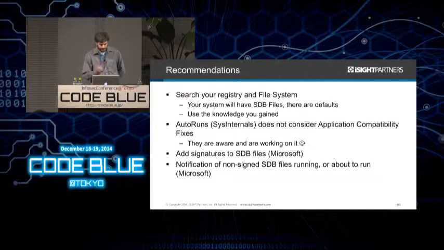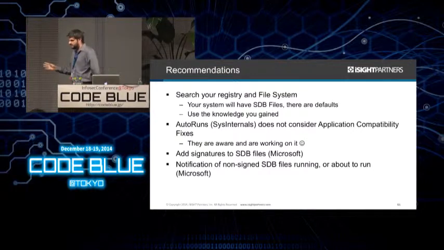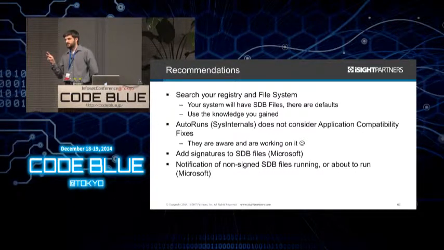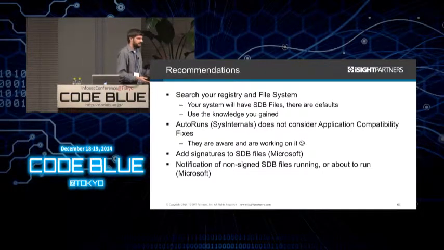So I think everyone should use the knowledge you gain here, and be aware of this technique out there. And like I said, all these different techniques I talked about today rely on those 2 registry entries that I mentioned early on in the talk. So you can go search there, is something there that shouldn't be, and you can further investigate from that path.